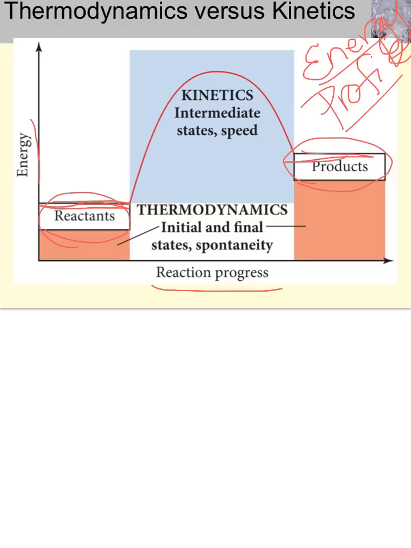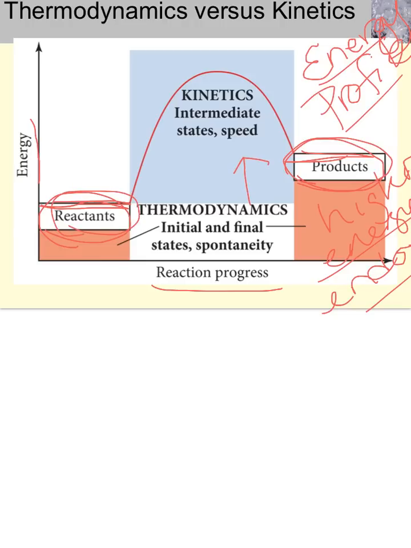And, of course, normally when you've looked at this before, you've said, okay, for example, this graph shows the products have a higher energy. And so you would normally say, okay, well, this reaction is endothermic, which means heat or energy has to be absorbed by the reactants in order to get to the products.